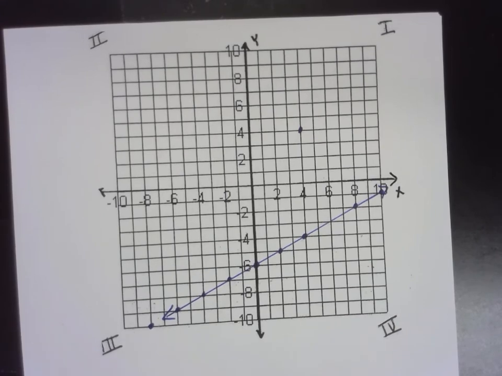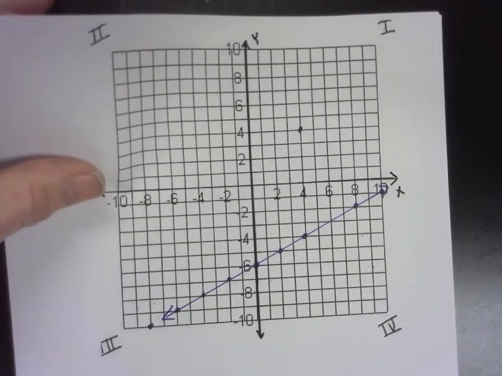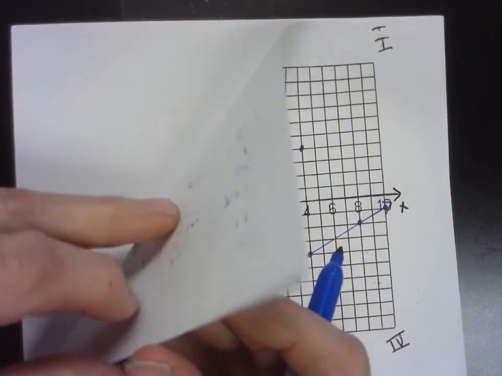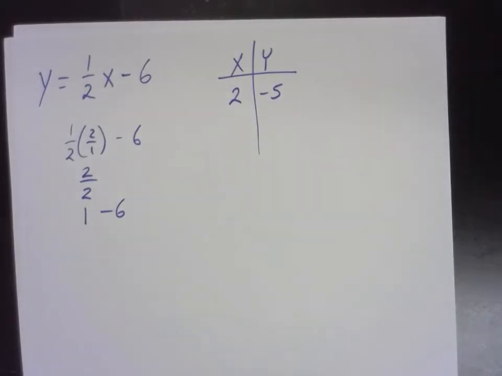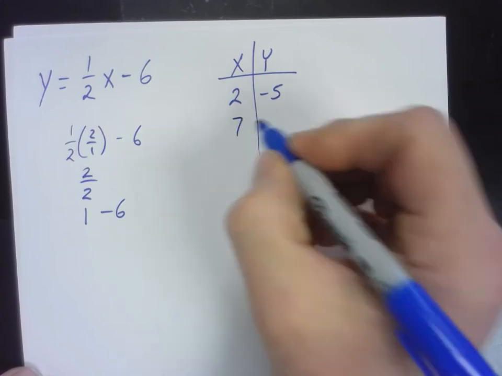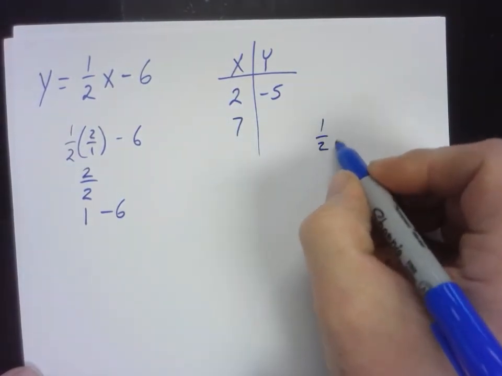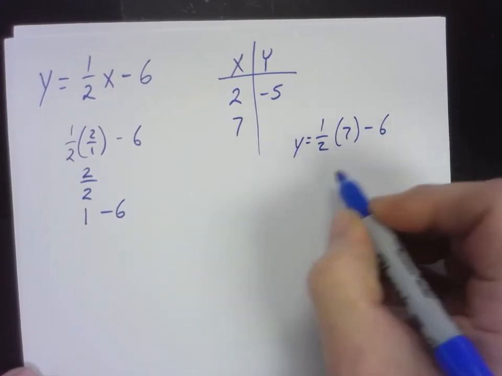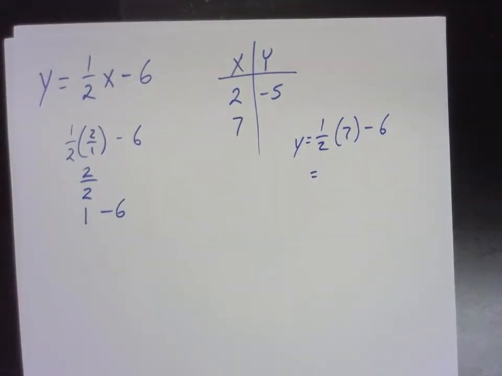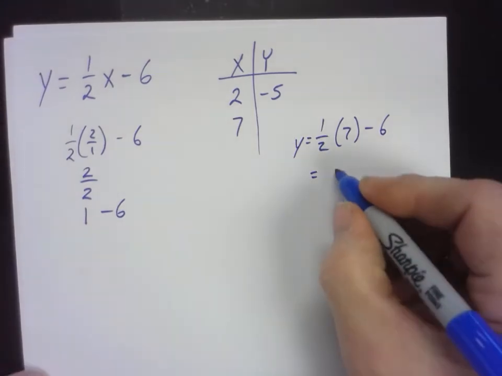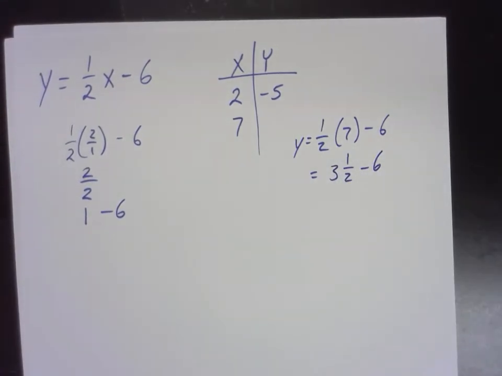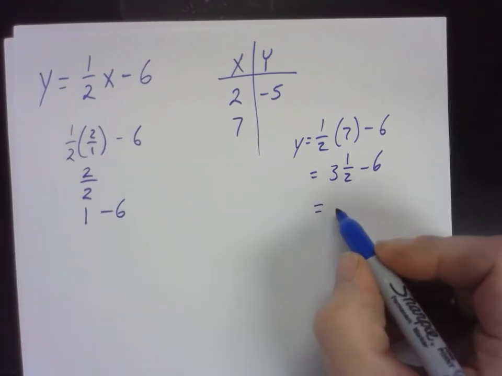Now you can put numbers in that maybe aren't quite as fun. So we could put in a 7. Half of 7, subtract 6. Can you guys do half of 7? 3.5. 3.5 subtract 6. That's a little iffy. Positive or negative?